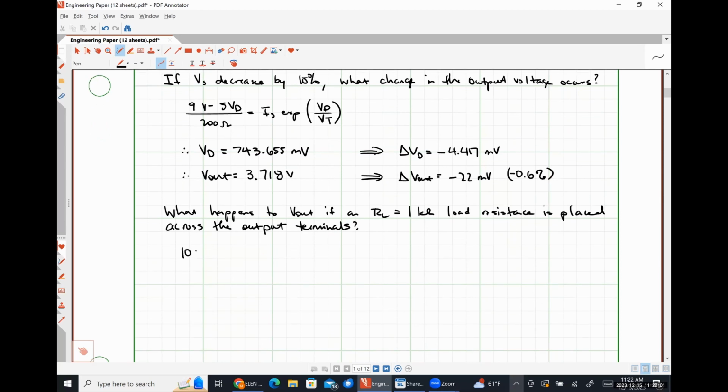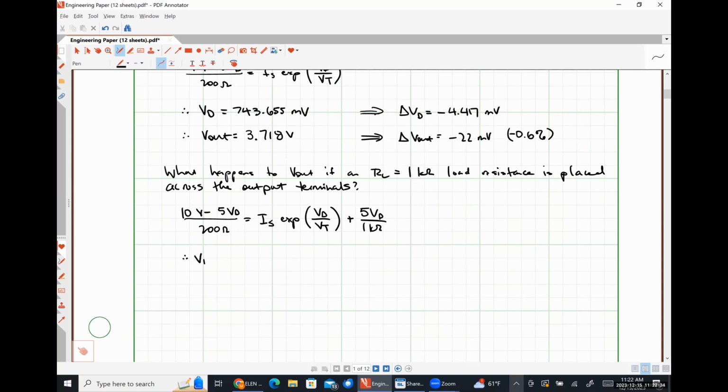So I'm going to have 10 volts minus 5 VD over 200 ohms. So that's the current flowing in from my supply source, will be equal to ID, which is IS times exponential of VD over VT, plus that resistor current, which is 5 VD over 1 kilo ohm using Ohm's law.